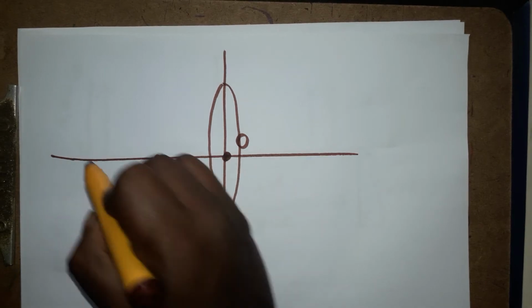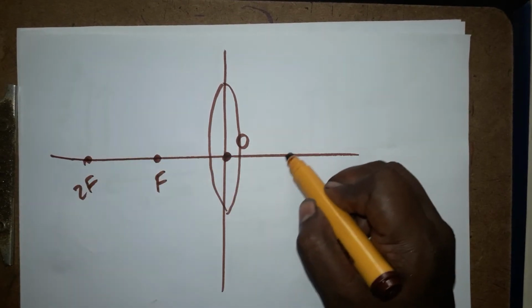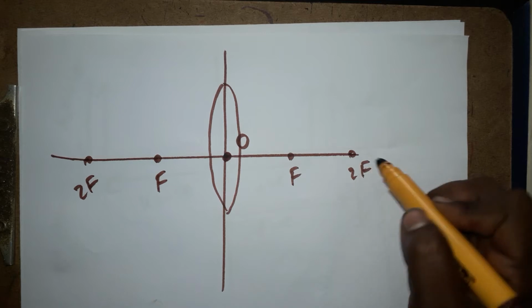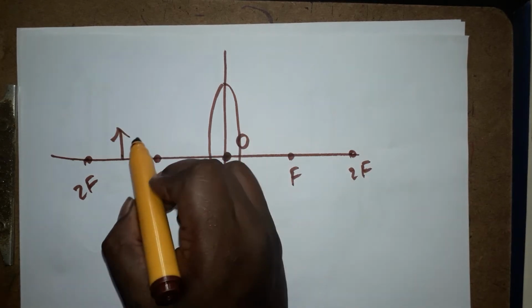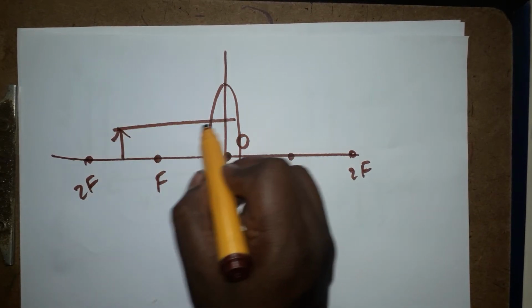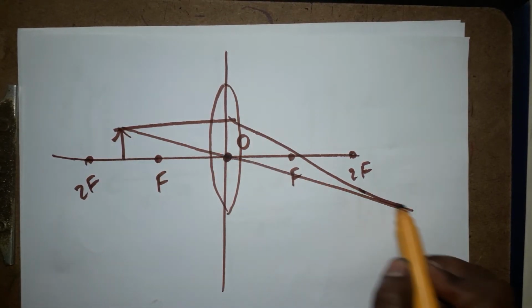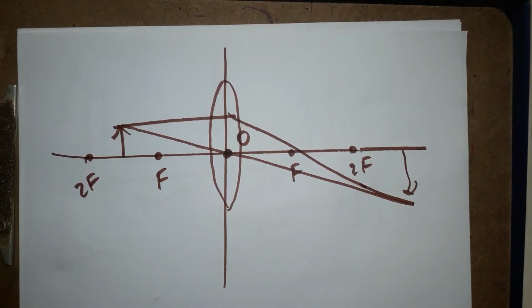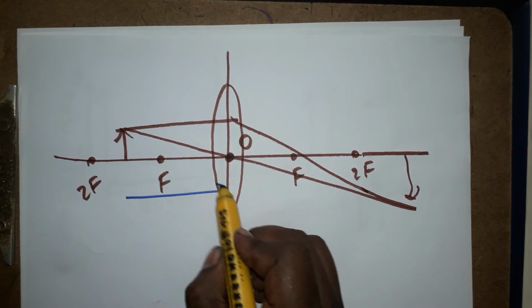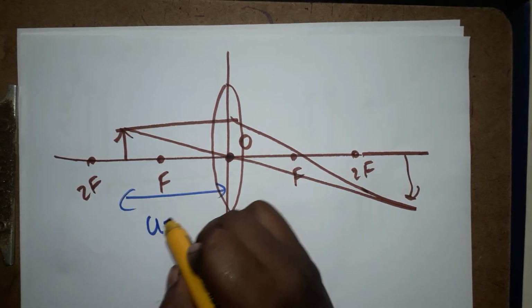First I will explain one by one. It is f, it is 2f, it is f, it is 2f. I place the object here. A parallel ray will go through the focus, and the center ray goes straight undeviated. The image will be formed here. Now how can I use the sign convention? Already I told you, from the left side it's going to be negative.